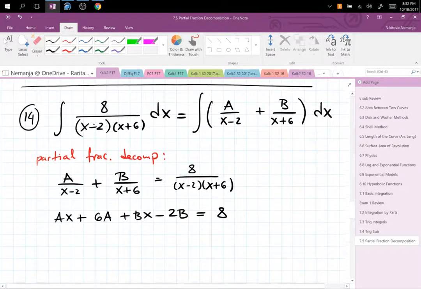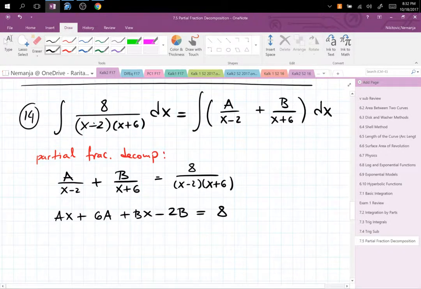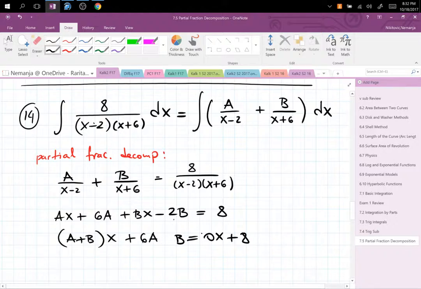So now what do you have? When you collect x terms, you have a plus b times x plus 6a minus 2b equals 0x plus 8. I'm using this 0 as a placeholder for a coefficient of x because I need to compare that.